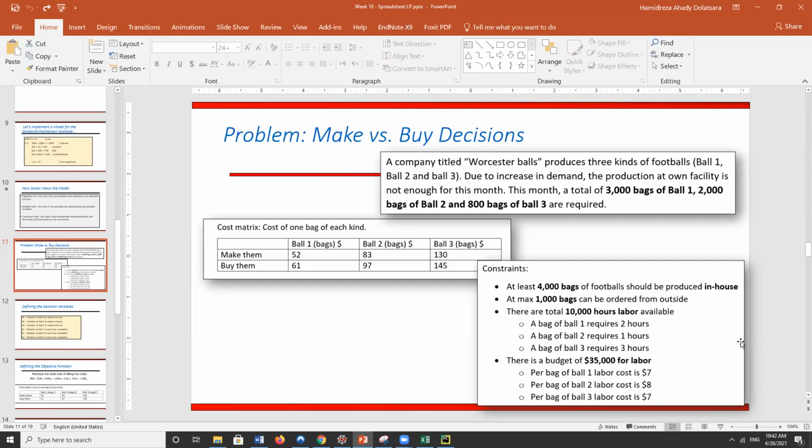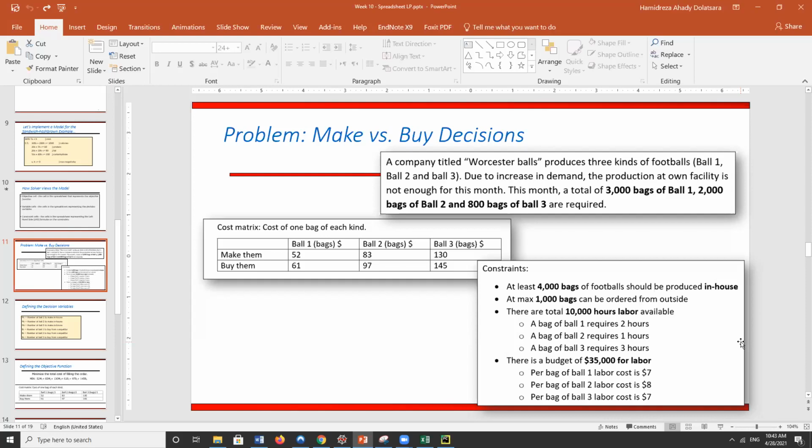Let me read. A company called Worcester Balls produces 3 kinds of footballs: ball 1, ball 2, ball 3. Due to increasing demand, the production at its own facility is not enough for this month. This month, a total of 3,000 bags of ball 1, 2,000 bags of ball 2, and 800 bags of ball 3 are required. So this is our demand or order.